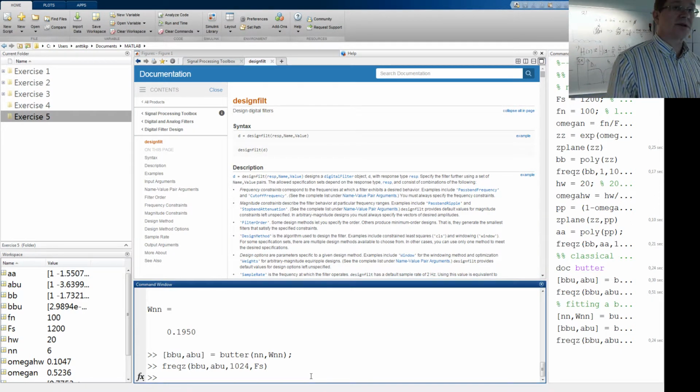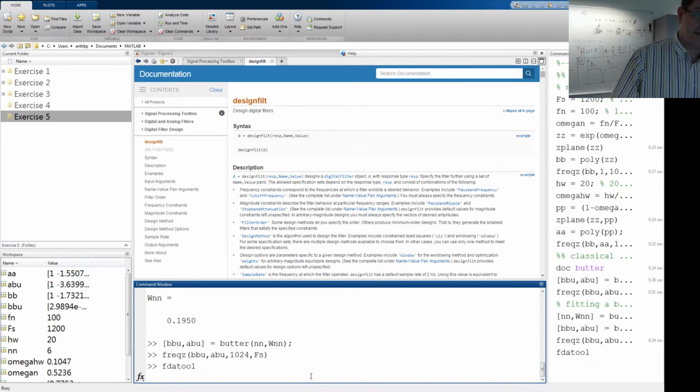Then I will also show you, although I know that some of you are working with Octave, which does not necessarily have all the functions. It has the Chebyshev, Bessel, Butterworth, so this exercise definitely can be done with Octave also. But since we have this very expensive MATLAB, we also have very expensive tools like the FDA tool.